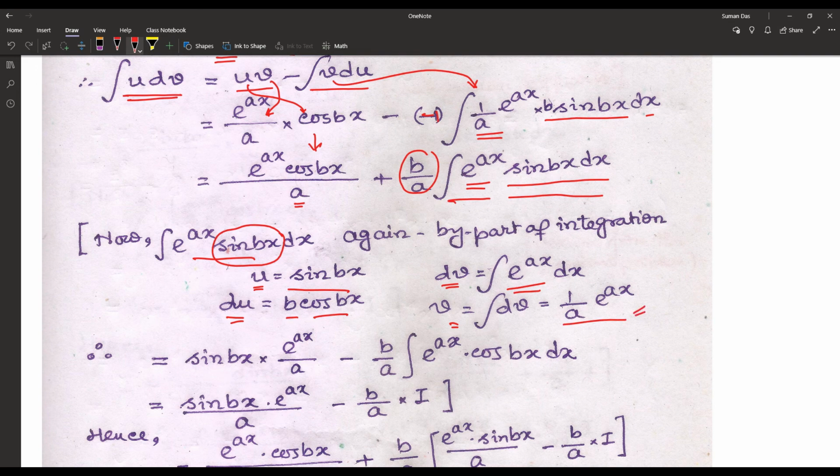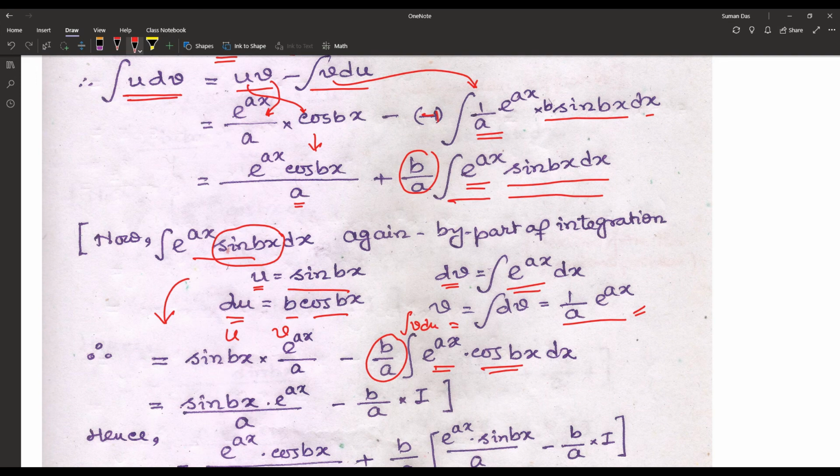Once again, if we use the integration by parts here, that is u into v minus b by a, which has been taken as a multiplier as they are constants, and e to the power ax cos bx. That is our integration of v du.